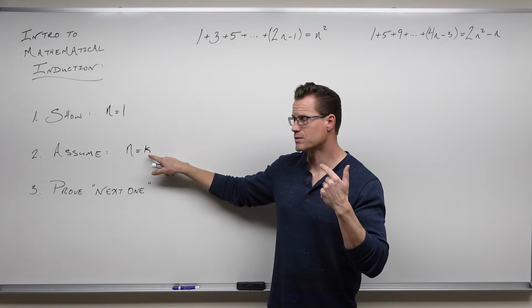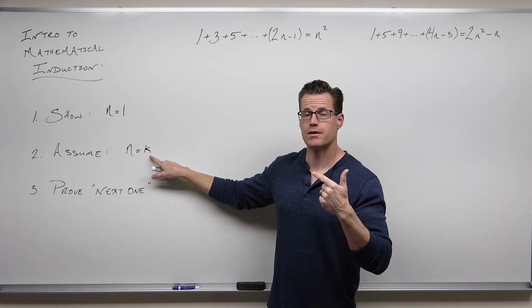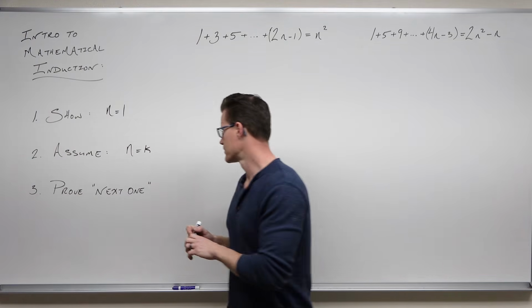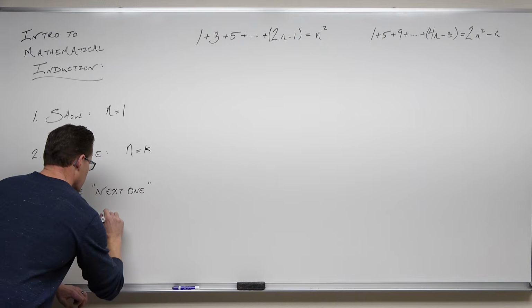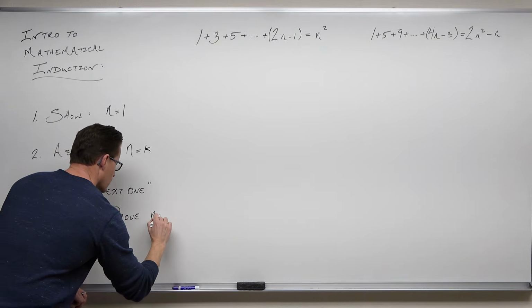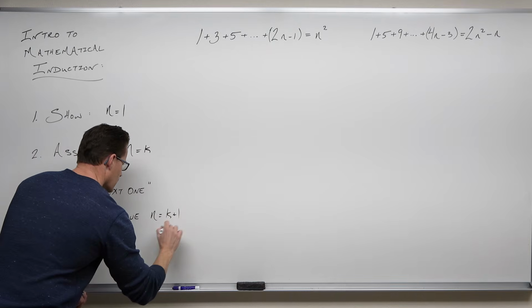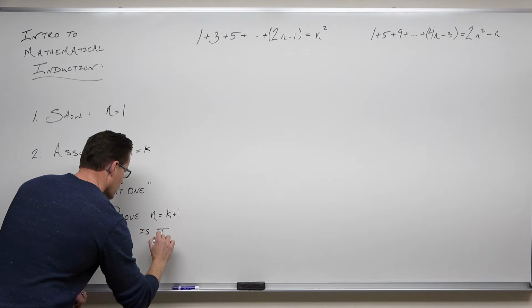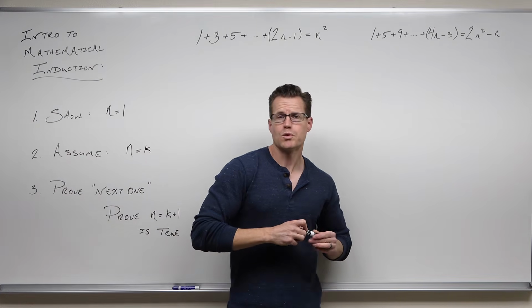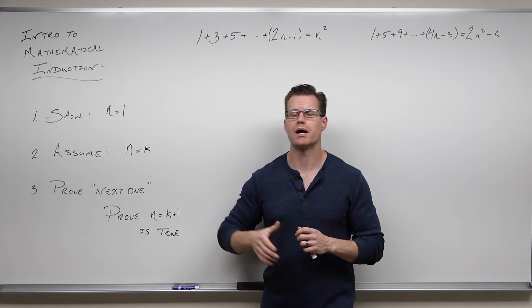If I assume the kth term is true, then the next one would be k plus 1, the one after it. And this will actually prove the truth of whatever you're trying to show.